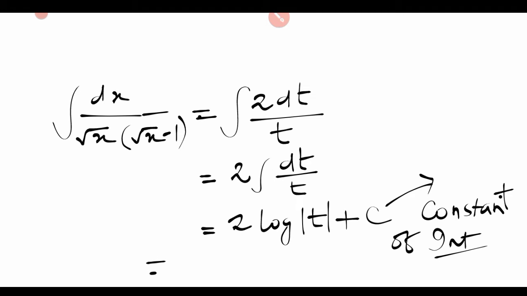Now substituting the value, that is t equal to root x minus 1, we have the required answer, that is 2 into log of root x minus 1 plus c.